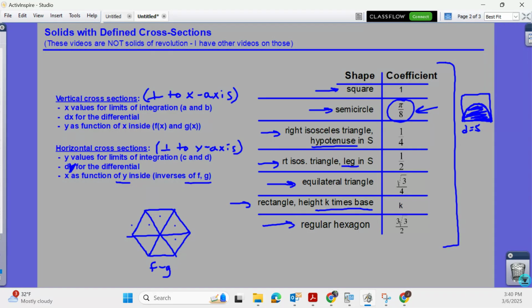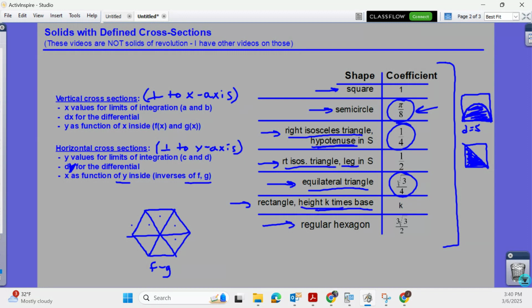If I put a right isosceles triangle with a hypotenuse as a side length s, that isosceles right triangle fills up 1/4 of the square's area. This triangle fills up 1/2 of the square's area. This triangle fills up radical 3 over 4 of the square's area.